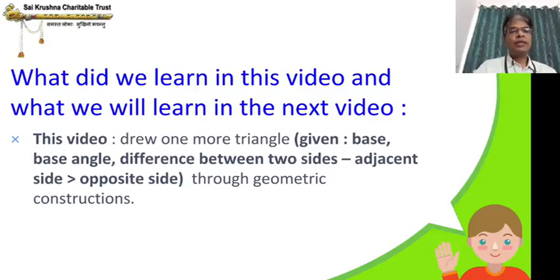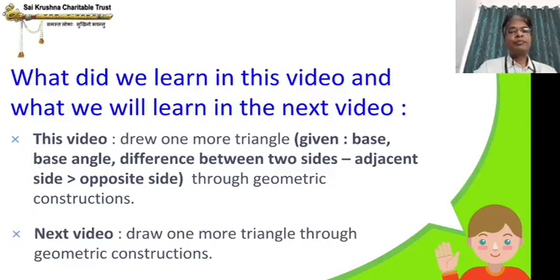You can make a small table to understand which construction, where D is coming, which method, and what is the proof. Now, in the next video we are going to see one more triangle, but this time the indirect measurement is going to be different. We will see when we go to the next video.